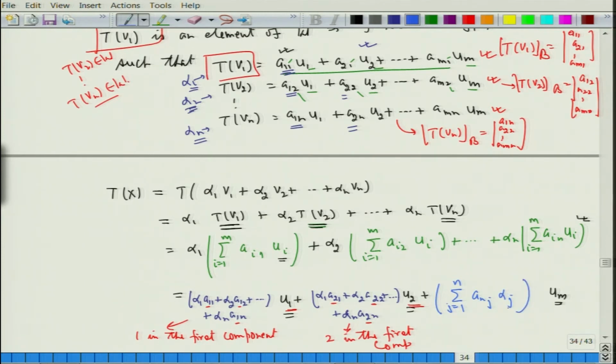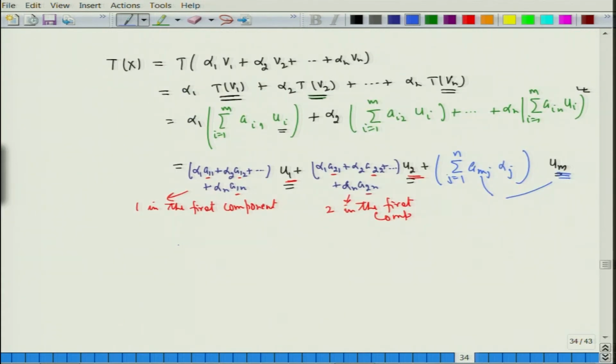Can you see this? So look at again nicely here. I am looking at Am, so this should be Amj. So this m is there, so there has to be this m in the first component. If you see here, 2, 2, 2, so this is m, so m has to come, and this alpha 1 is with 1, 2 with 2, n with n. So this is what I am going to get. Fine.